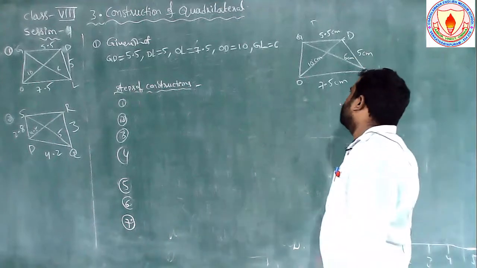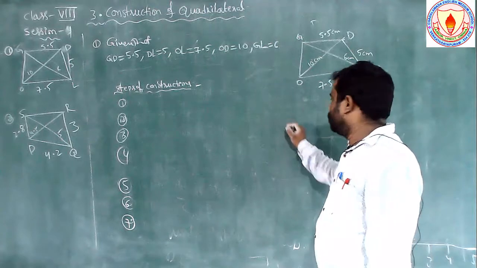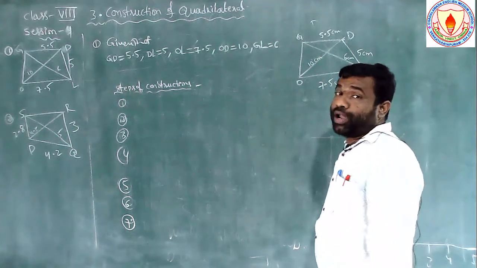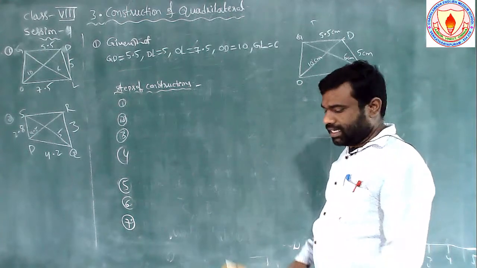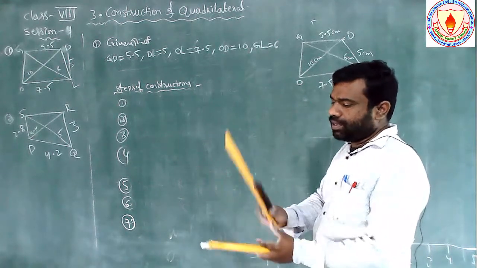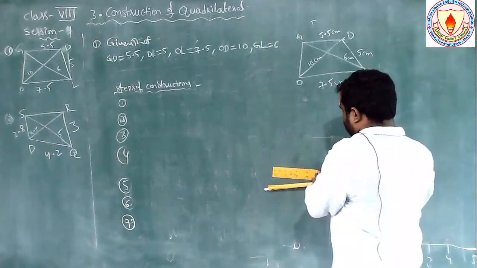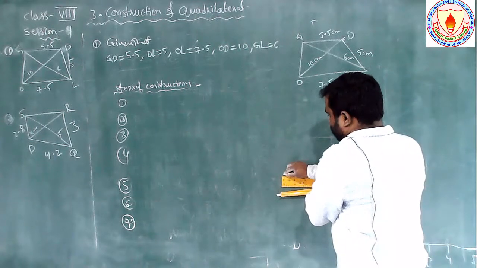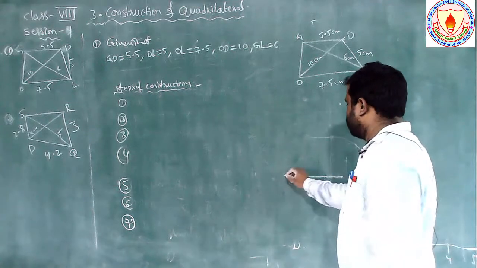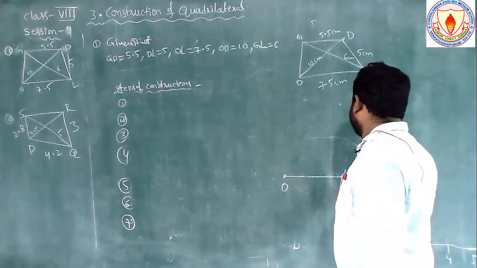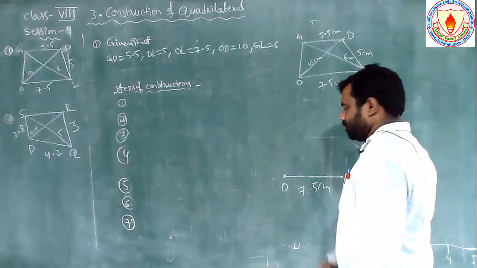So first step, first of all, you have to take a baseline. OL is 7.5 centimeters. On the scale, you have to draw a line segment of 7.5, from 0 starting. So like that, GOL, 7.5 centimeters.